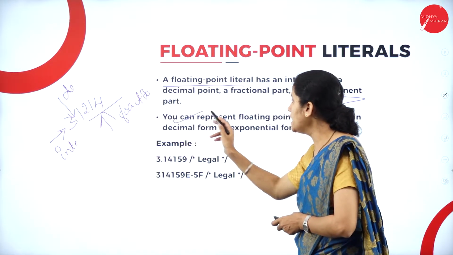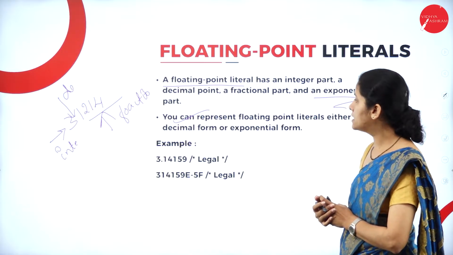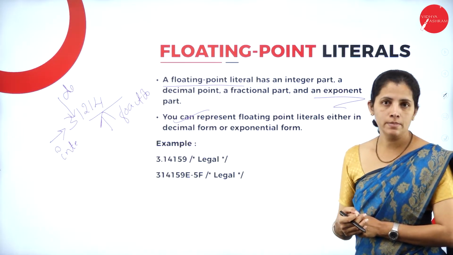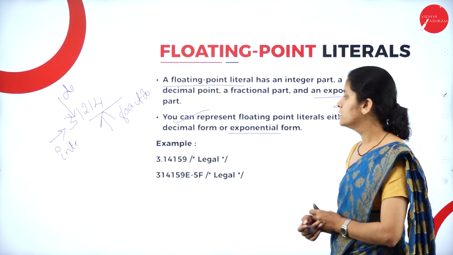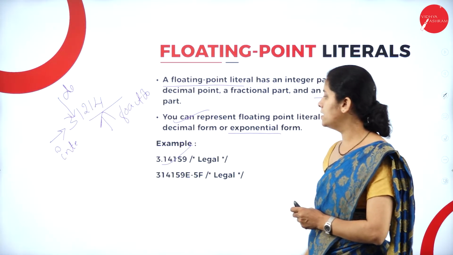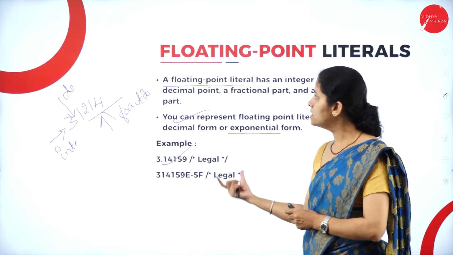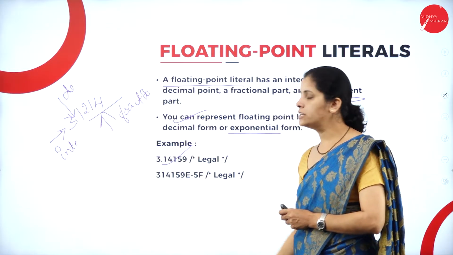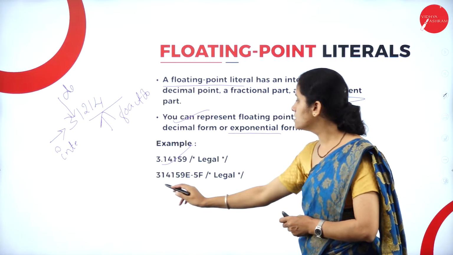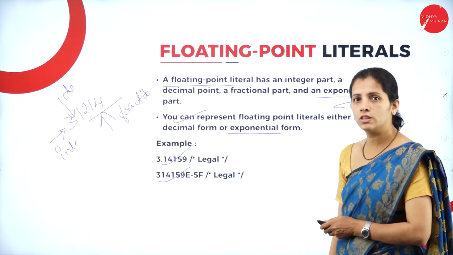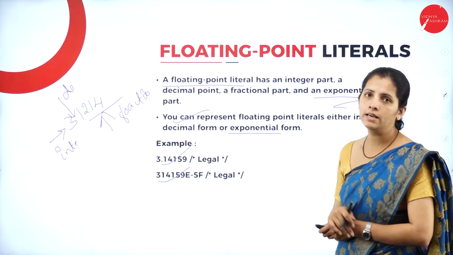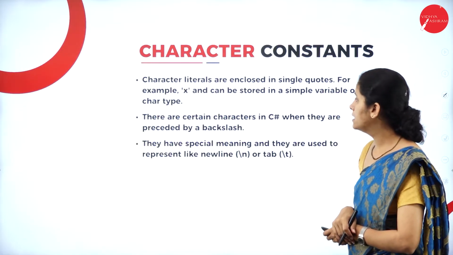Now, you can represent floating point literals either in decimal form or exponent form. So, this is a legal one. So, this is the normal floating point representation. Now, this is the exponent form. Both are the same. That means both ways I can represent floating point literals.